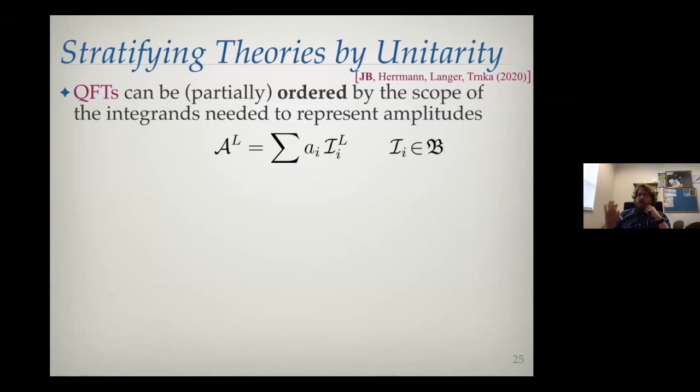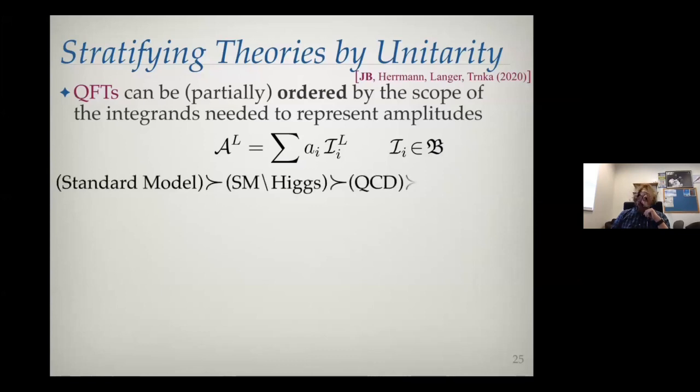Before even talking about scattering, about bases, we can talk about just quantum field theories. And quantum field theories can be partially ordered by the size of the basis that you need to represent all of the amplitudes in the theory. So for example, really completely trivially, you can say that the standard model is bigger than the standard model without the Higgs, which is bigger than pure QCD and is bigger than pure Yang-Mills.